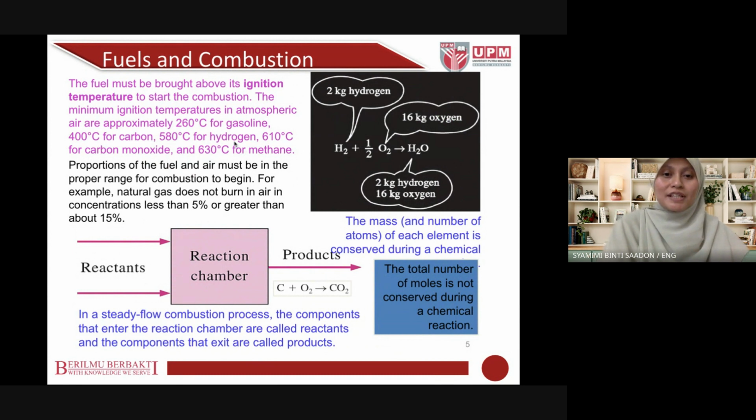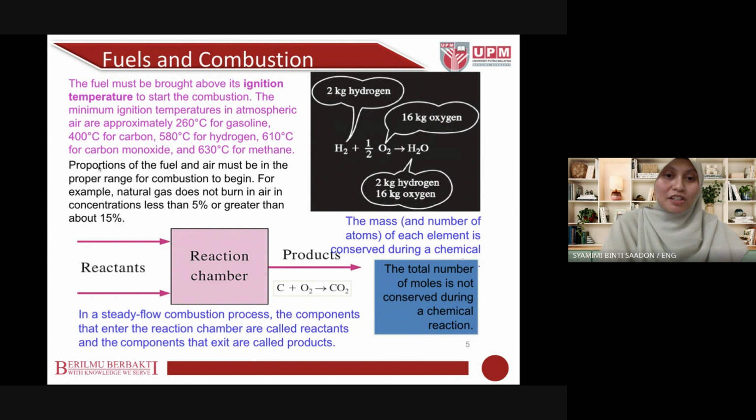It means that this fuel will mix with the oxidizer at around this level of temperature. This is what we call the ignition temperature, for the fuel to be burned, for the combustion process to occur. So we must bring the fuel above this ignition temperature.